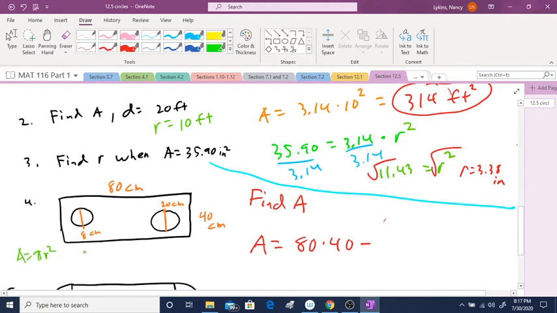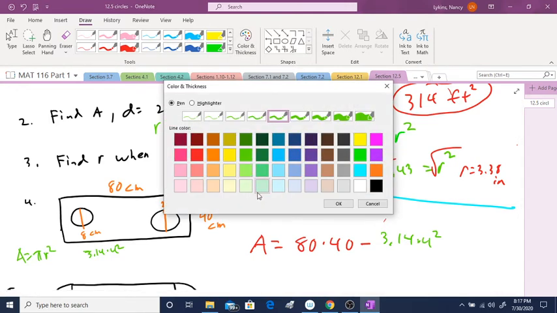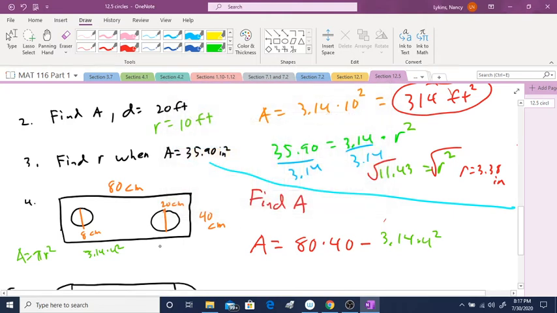So my first one, I'm going to have pi, so 3.14 times 4 squared. So I'm going to subtract it. And then I'm going to subtract the second one. The second one is going to be 3.14. Half of 20 is 10, so it'll be 10 squared.